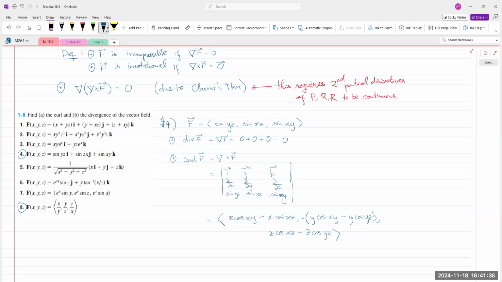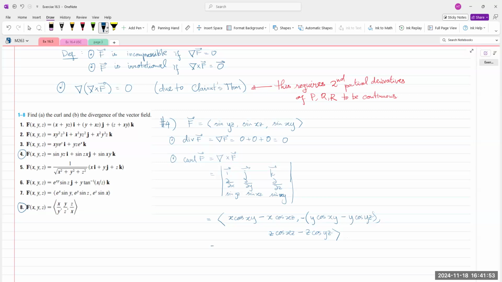Okay. I wonder if we can simplify that, but apparently not. Yeah, I don't think we can simplify that.